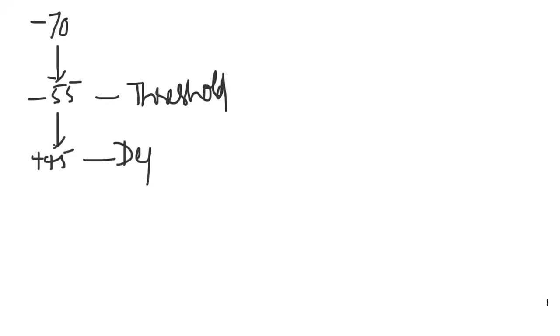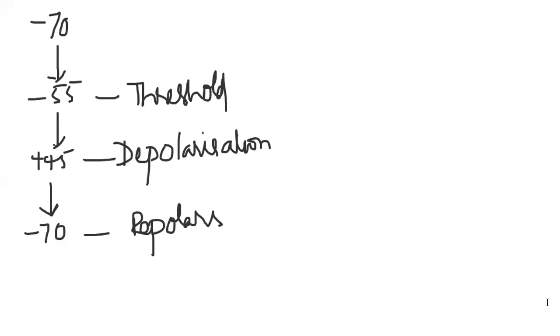We say that condition is depolarization. Then after the depolarization, when the impulse moves forward, that area comes back to the normal position again, which we call repolarization. Next, after the repolarization, it is not going to stop.